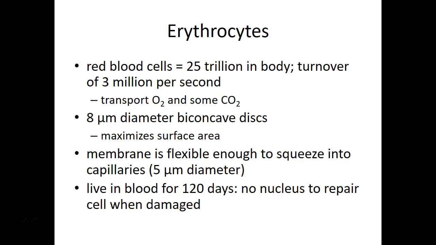It's also thought to increase the surface area so that they can do a more efficient job of taking oxygen up in the lungs and transferring that to peripheral tissues, and then offloading carbon dioxide from peripheral tissues in the lungs. So, talking about squeezing through capillaries, the general half-life there is about 120 days.